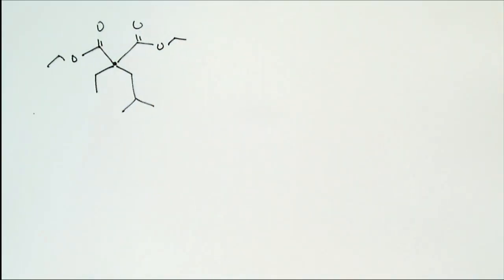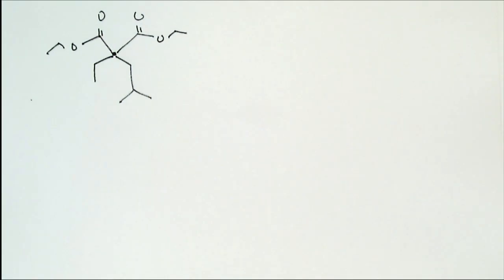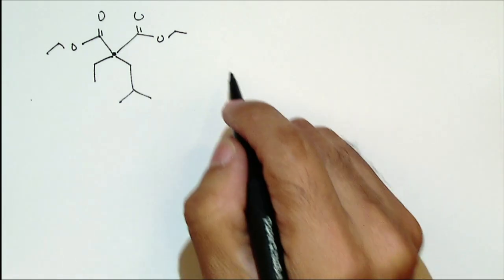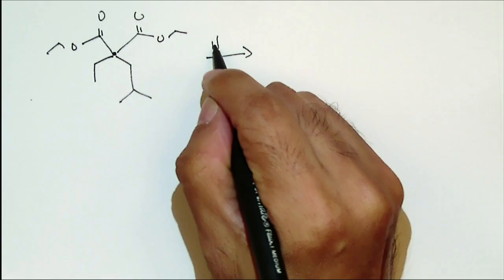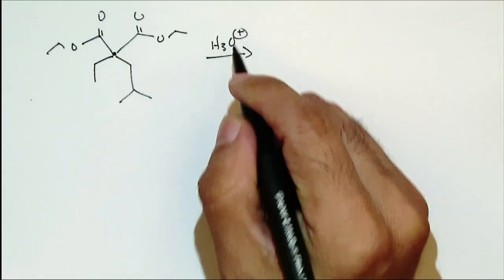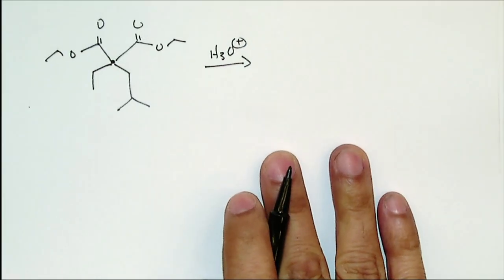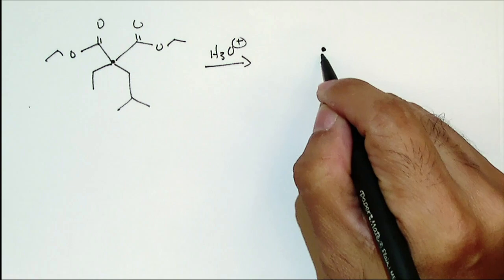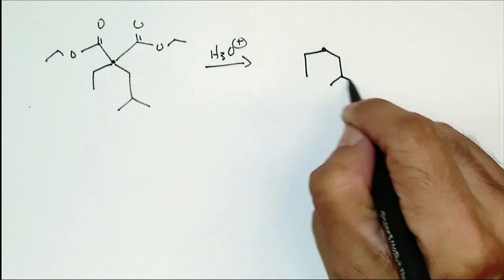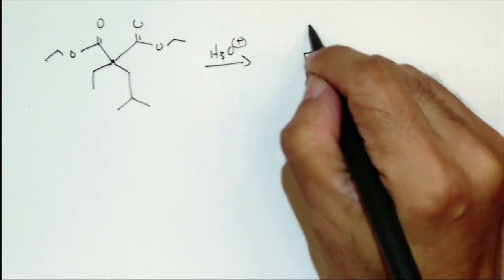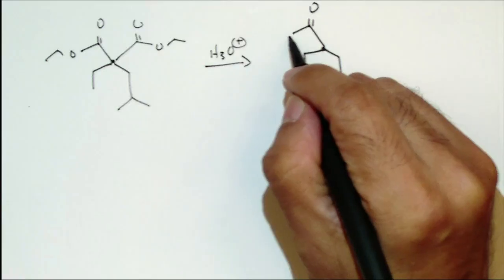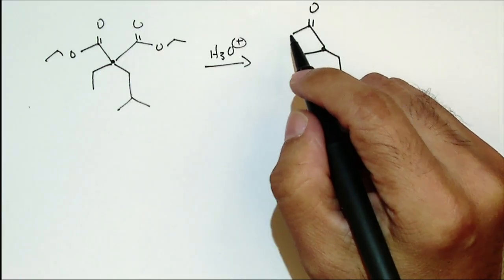Now, we already know from when we were doing the section on derivatives of carboxylic acid that if I actually treat this with an acid, I'm going to hydrolyze any acid derivative back to the acid. So that means that what I'm going to get here is that this ester becomes an acid.